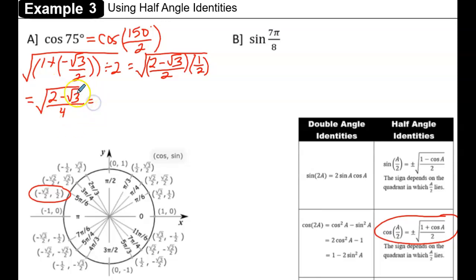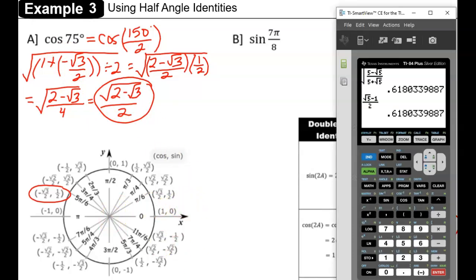Then recall, when you have a fraction under a square root, that's equivalent to the square root of the numerator divided by the square root of the denominator, and the square root of 4 is 2, and that would be my exact value for the cosine of 75 degrees.